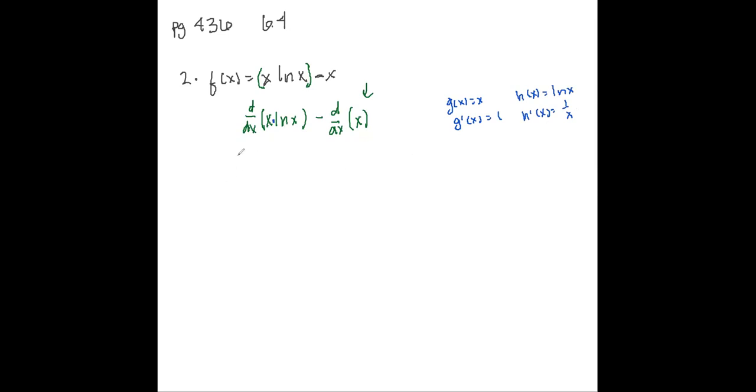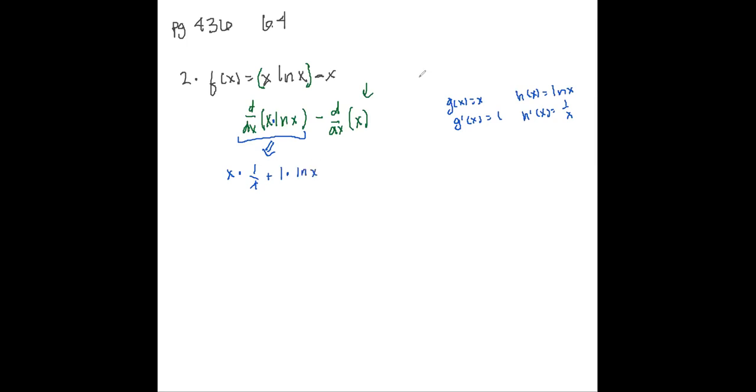So I can put this together and I can say via the product rule that this is going to be equal to x times 1 over x plus 1 times the natural log of x.